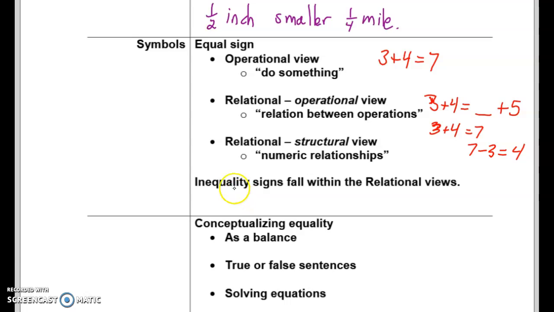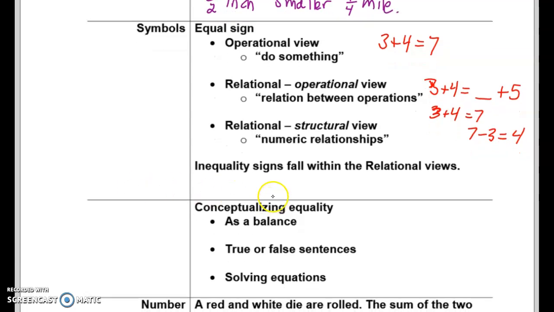Now, inequalities. What's the difference between an equal sign and an inequality, other than greater than or less than? It is the relational view, because we really don't do anything with those. By the way, I know the alligator trick works, but you always want to think about what happens later.